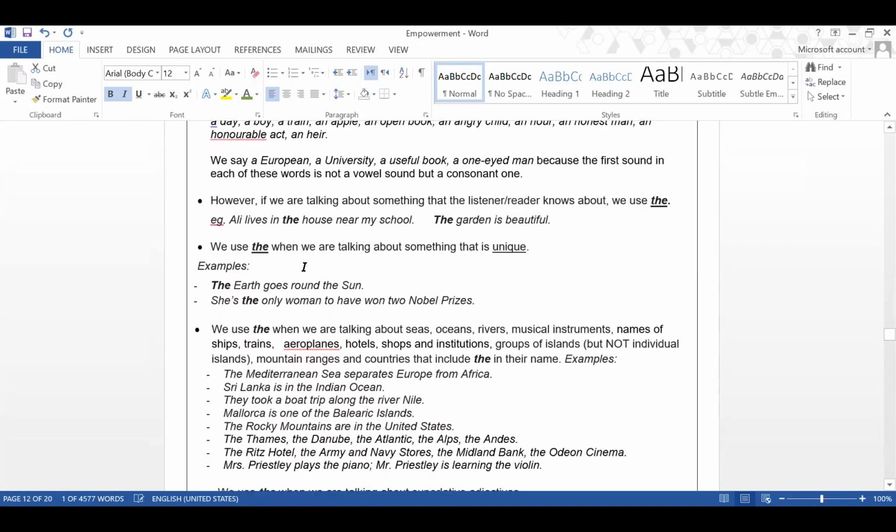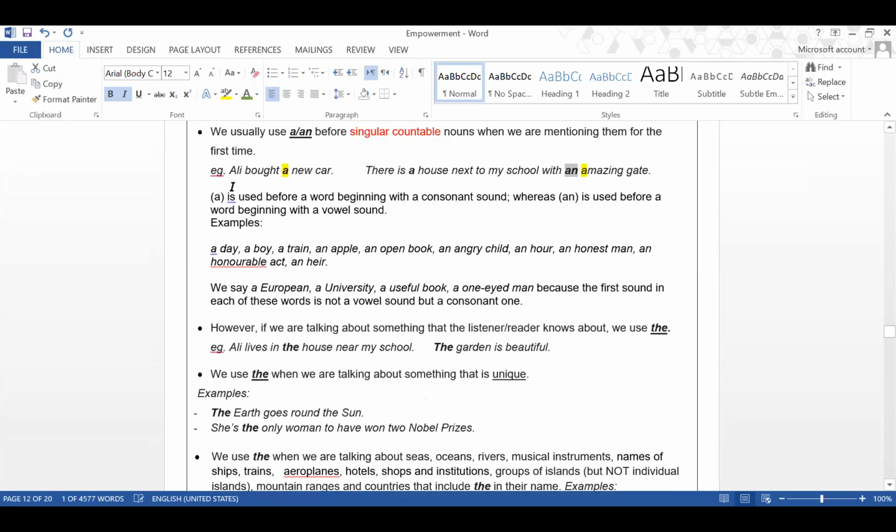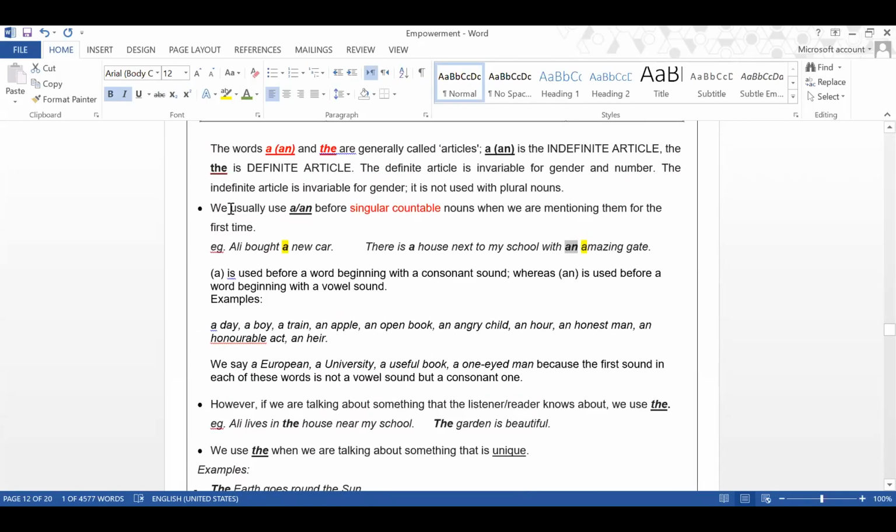Sometimes the article the is used. There are a lot of occasions or cases to use the article the. Now, one of the cases: I said earlier that I use the article a or an before a singular countable noun when we are mentioning it for the first time.